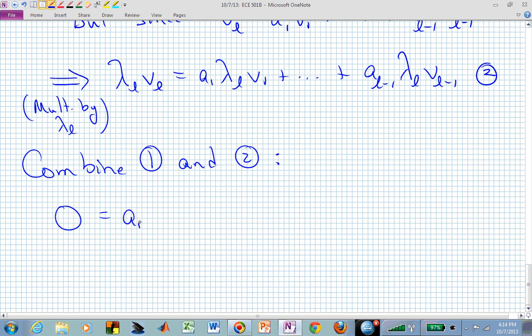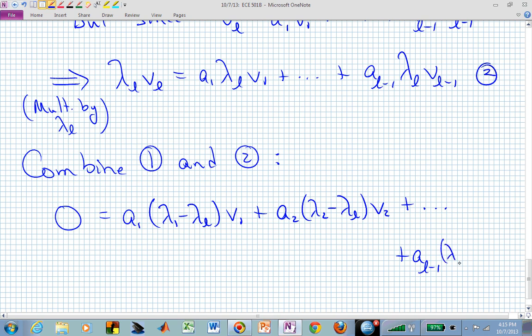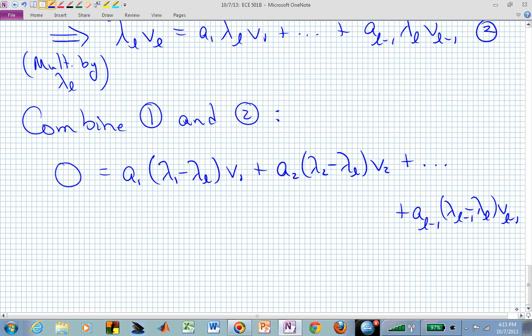I now have a1 times lambda sub 1 minus lambda sub L times v1, plus a sub 2 times lambda sub 2 minus lambda sub L times v sub 2, and up to a sub L minus 1 times lambda sub L minus 1 minus lambda sub L times v sub L minus 1. Let's say that's equation 3 if we need to refer to it.